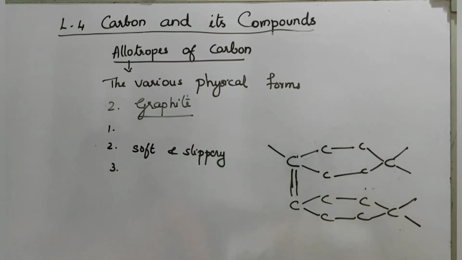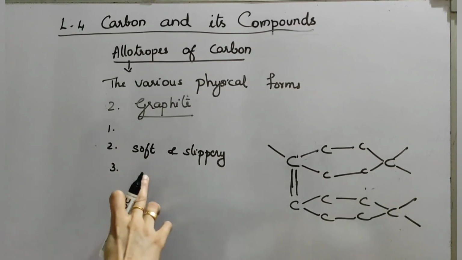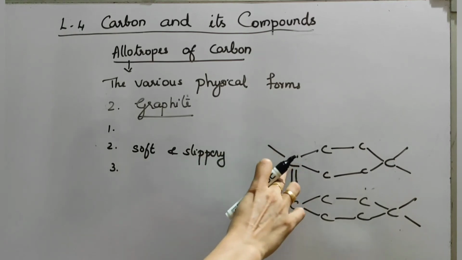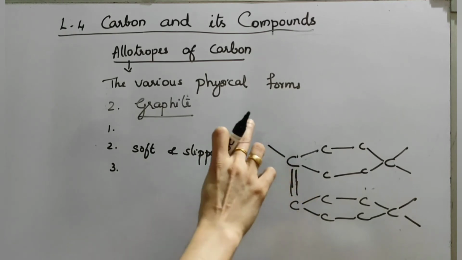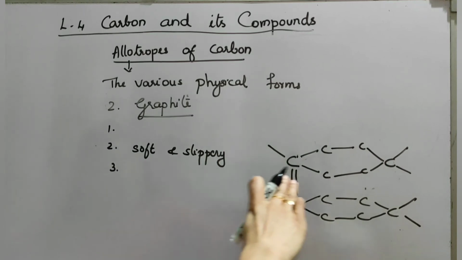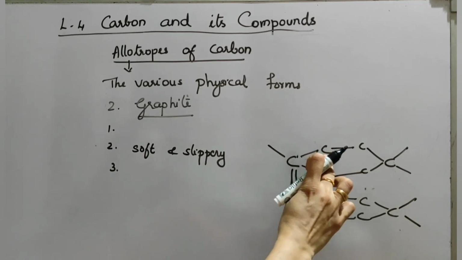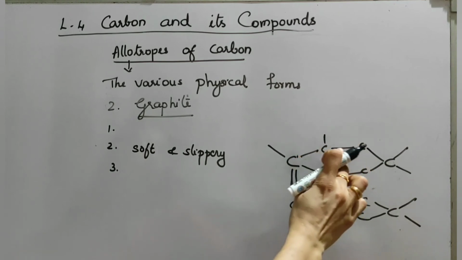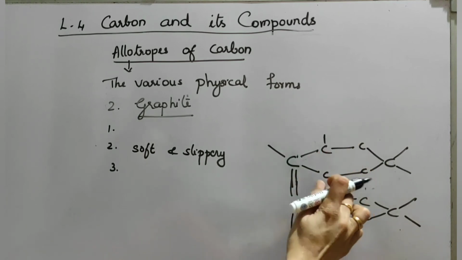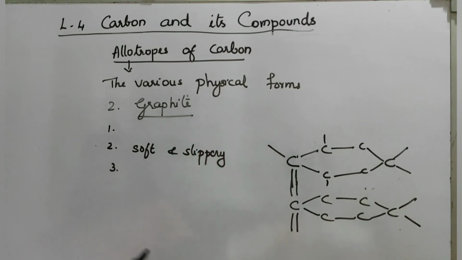It forms in the same plane. Once again, the third property: in graphite, each carbon atom is bonded to 3 other carbon atoms in the same plane, giving a hexagonal array, and one of the bonds is a double bond. Here also one of the bonds is a double bond. Here 1 2 3, here also 1 2 3, like a hexagonal array.